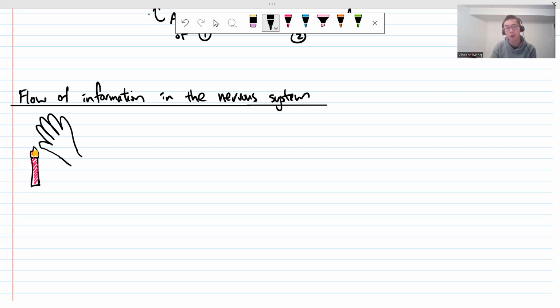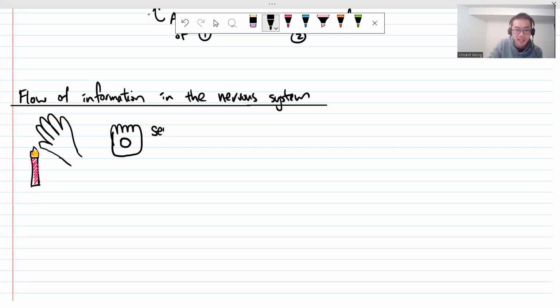To begin all this, you need to have some kind of detector that's capable of detecting the change in temperature. We call that a sensory receptor. And you just have to trust me, they kind of look like this.